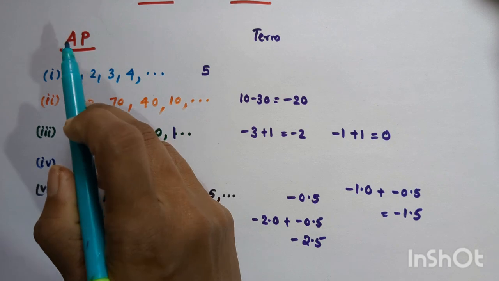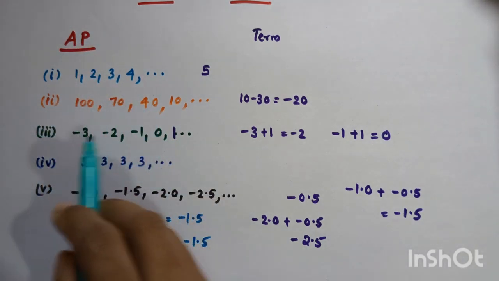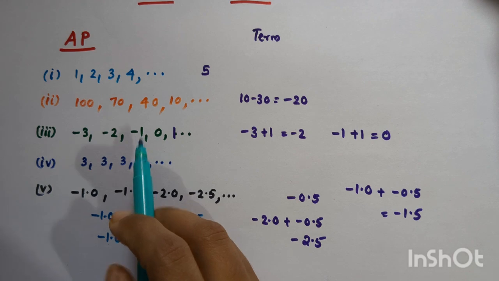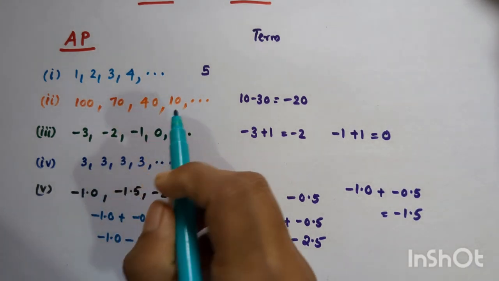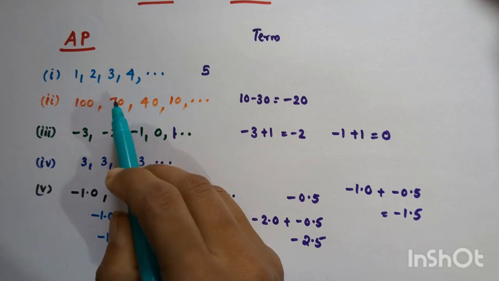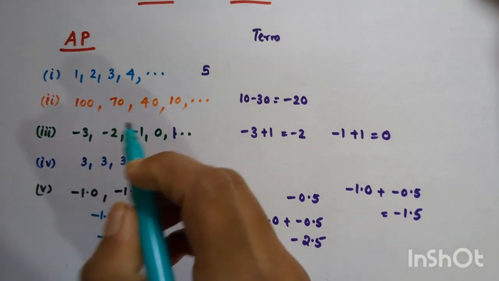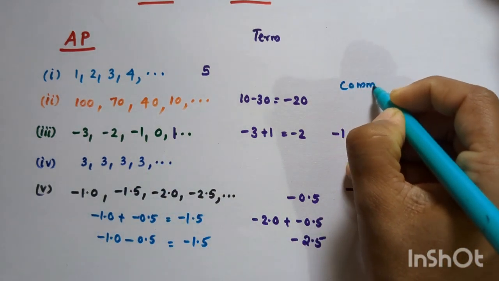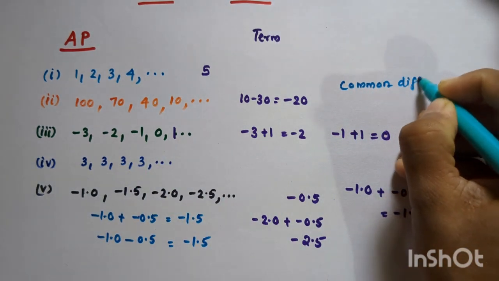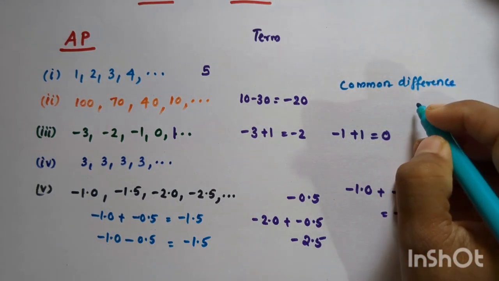AP is a list of numbers in which each term is obtained by adding a fixed number to the preceding term, except the first term. That fixed number is called the common difference of the arithmetic progression, or common difference of AP.